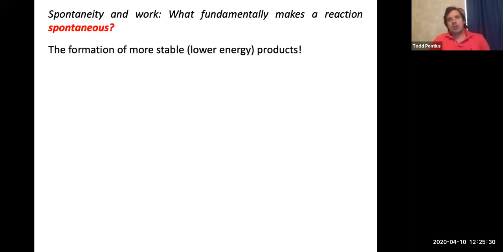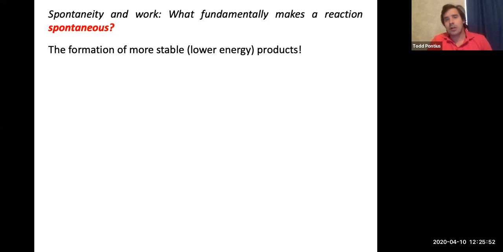Okay, so now we're going to talk about, from an energy standpoint, what makes something spontaneous. It turns out that what makes something spontaneous is the ability to form a more stable, lower energy product. An analogy that we used earlier in the semester that I really like is, what is more stable?